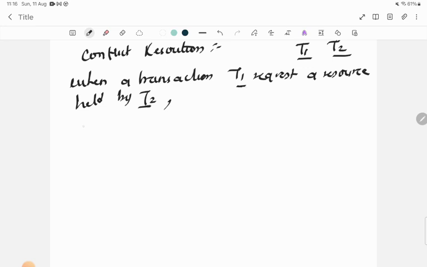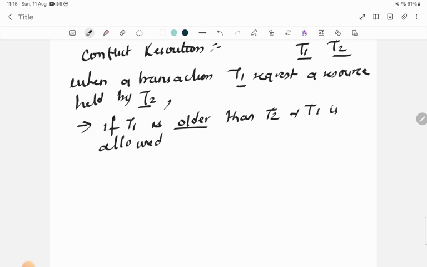So what happens? There are two cases here. If T1 is older than T2 (how do you know which is older? By using the timestamp), then T1 is allowed to wait.